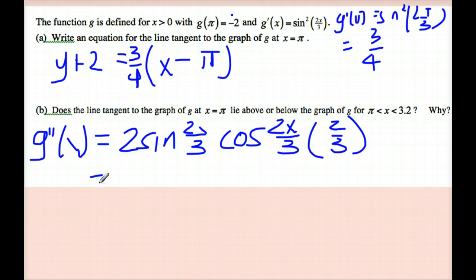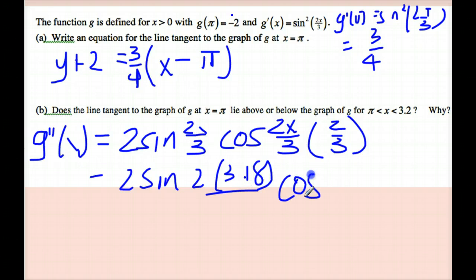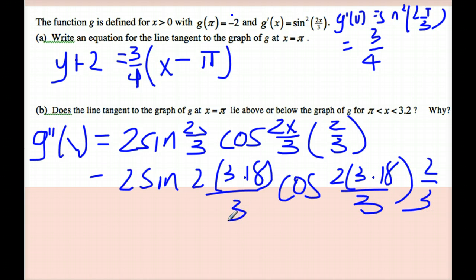If we plug in something between pi and 3.2, let's say 3.18, we have 2 sine of 2 times 3.18 over 3, cosine of 2 times 3.18 over 3, times 2 over 3.